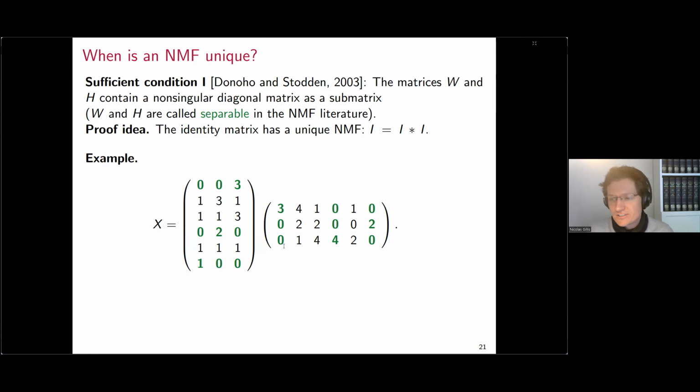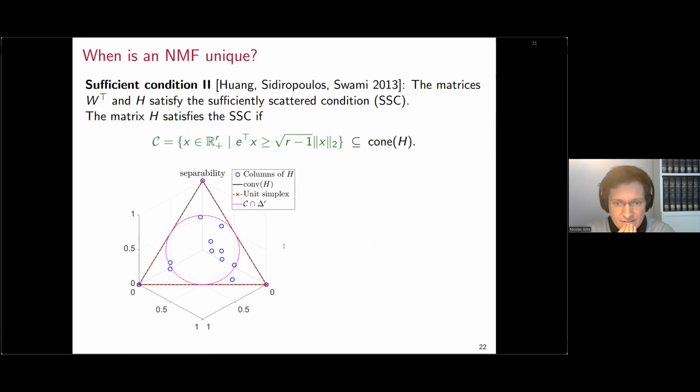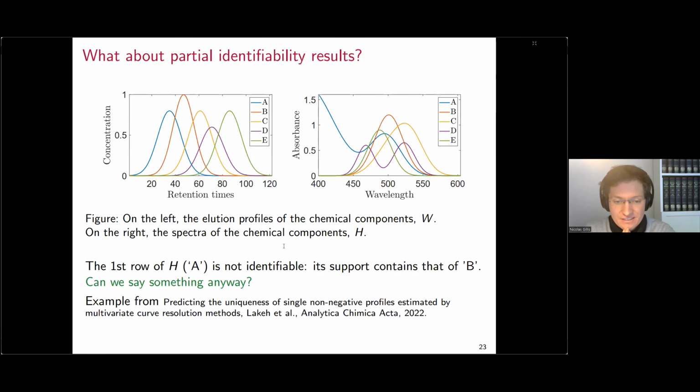This is the so-called pure pixel assumption in hyperspectral unmixing. It's funny, because this assumption was used for a long time in the hyperspectral unmixing community, for more than 20 years, but only 10 years ago it was theorized a bit more rigorously, let's say. This was a long answer to a short question, but I hope it answers it.